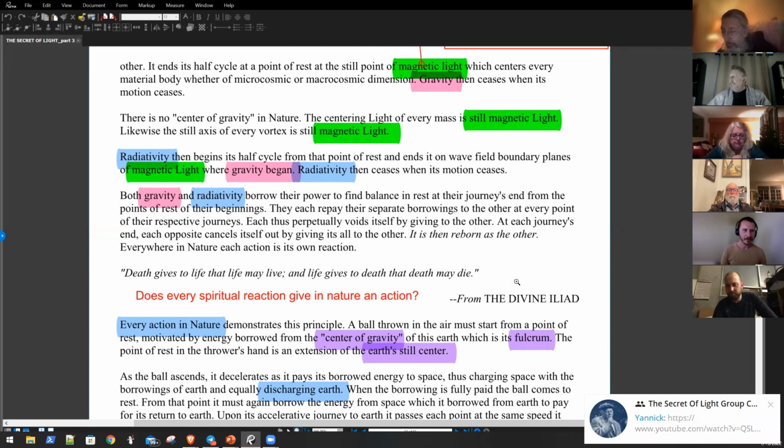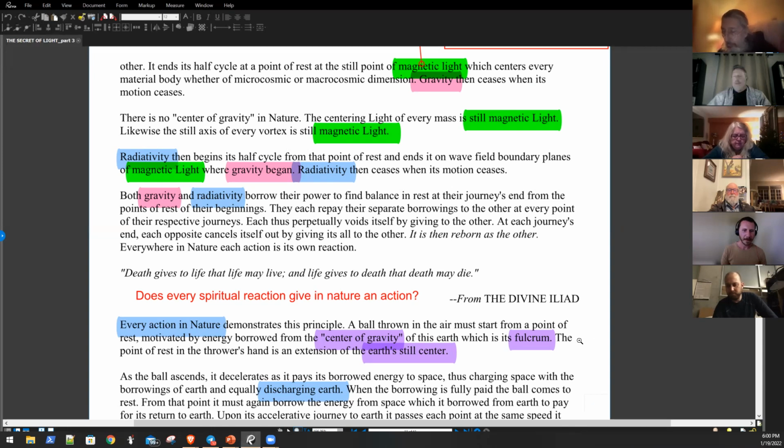So within each cycle, whether it be the life cycle or the death cycle, this does not mean that in the death cycle we are dead. It just means that we are in the radiative cycle of life. It's really not a death life cycle.